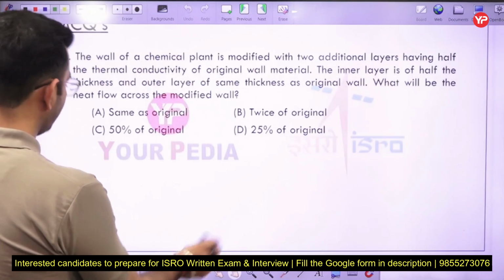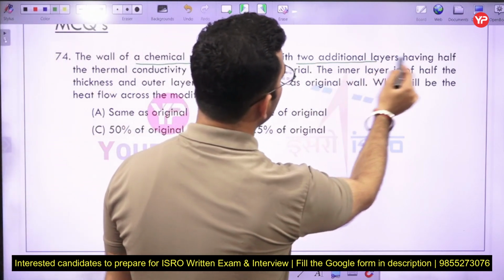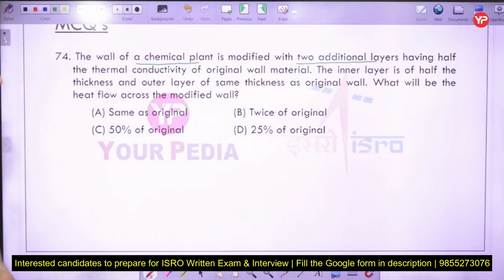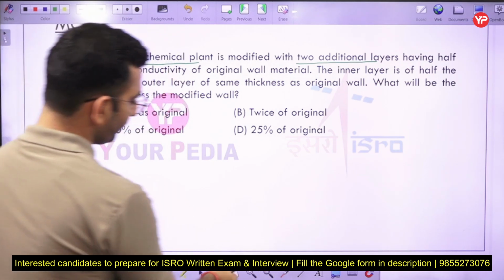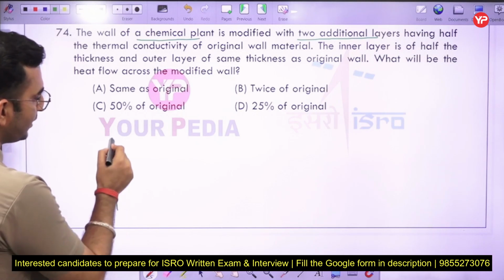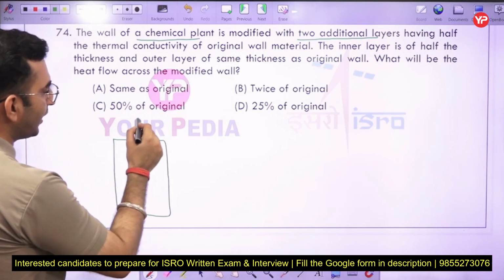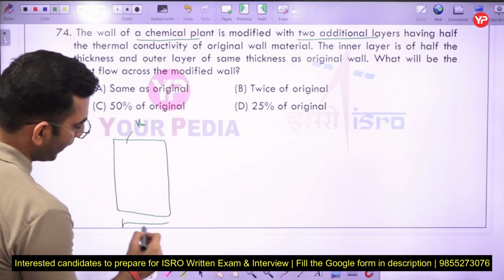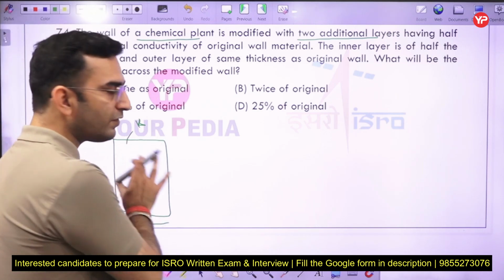Here in this case, the wall of a chemical plant is modified with 2 additional layers having half of the thermal conductivity of the original wall material. Let us suppose you have a wall of a chemical plant with a thermal conductivity K and a thickness of L. Now we have modified this wall.